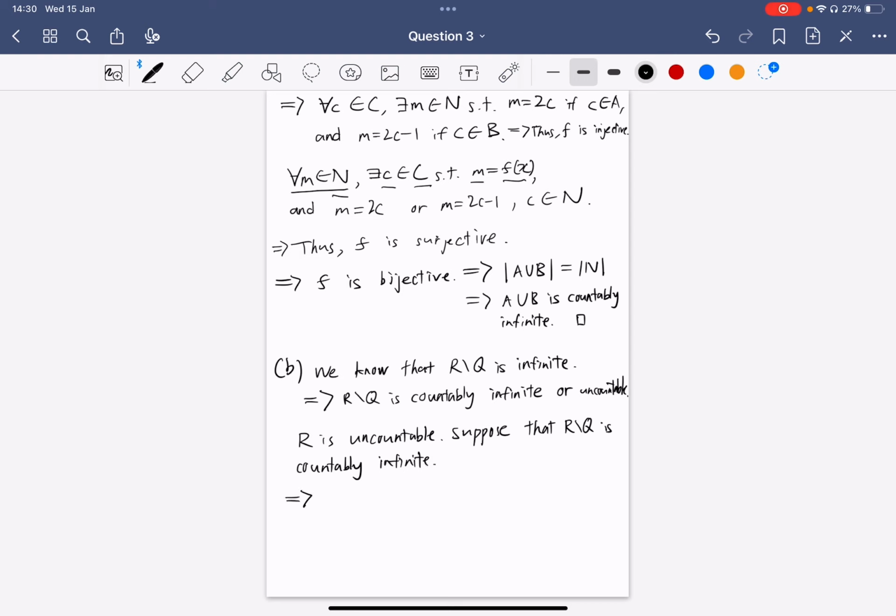Then that would imply that R is countably infinite because R would just be equivalent to the union of the sets R minus Q and Q, because we know also that Q is countably infinite.